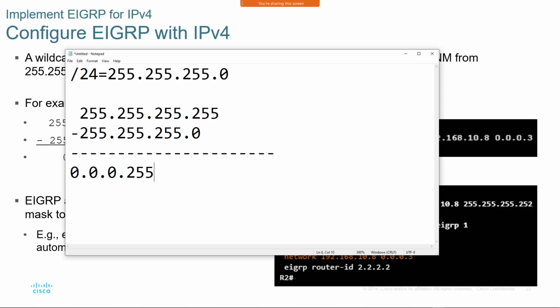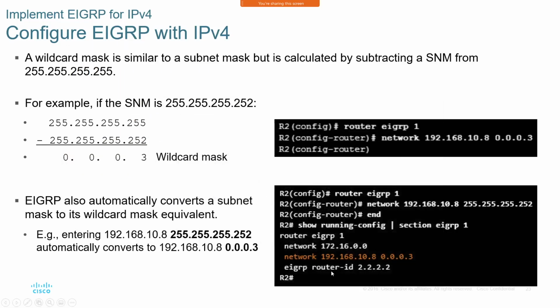Okay. So once we specify a network for EIGRP, we actually need to specify it using the wildcard mask. In this example here, we're trying to advertise these two networks. One of the networks is network 192.168.10.0. Now we can specify it using the subnet mask, or we can also specify it using the wildcard mask.